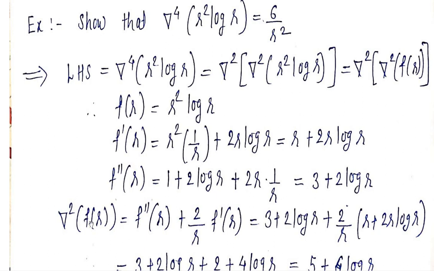Now for del square of f of R, we have the result equal to f double dash of R plus 2 by R f dash of R. Now we substitute both values.